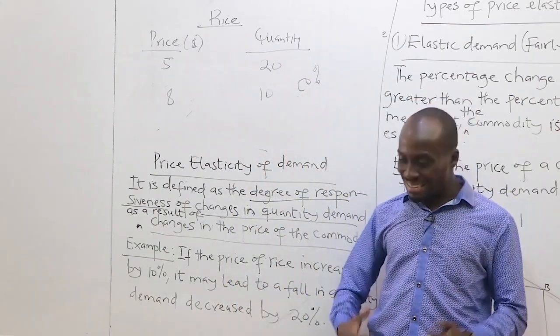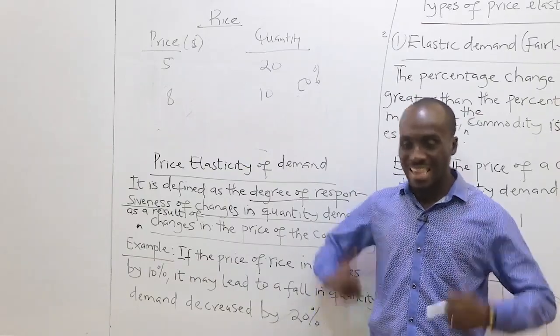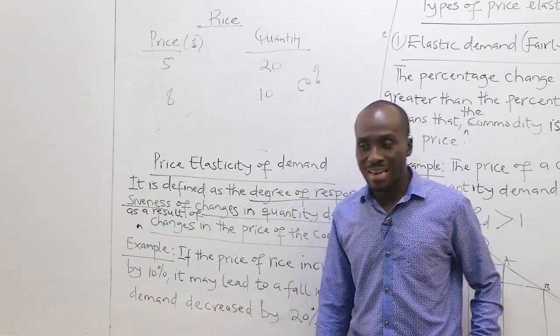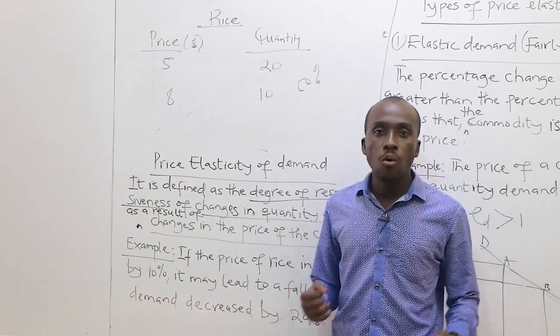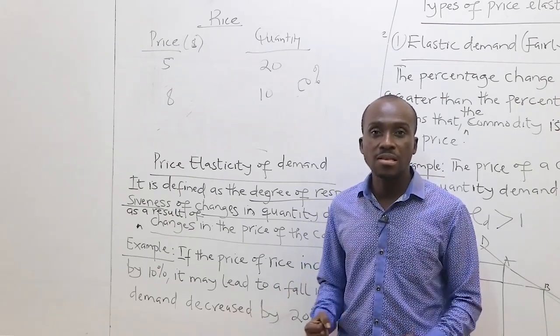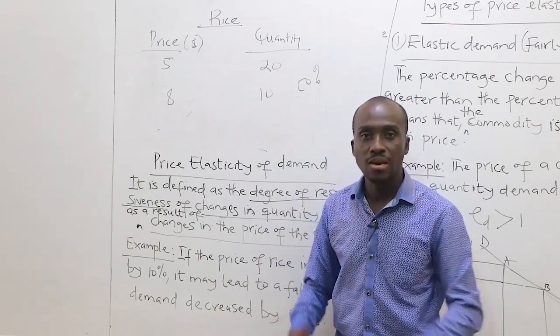So it's telling you the exact percentage, the extent to which your demand responded to the change in price. When the price increased from 5 to 8, I decreased my demand by 50%. So you know the exact response.